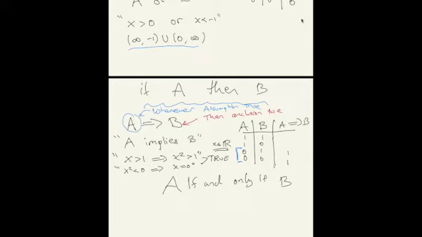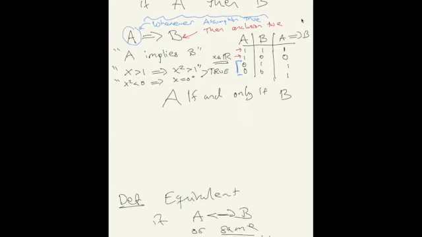It's only when A is true that we start implying something about the conclusion. So if A is true, then B must be true, and that's when we get a true implication. And in cases where A is true but B is false, that's when we get a false statement because our assumption is true but our conclusion is not.